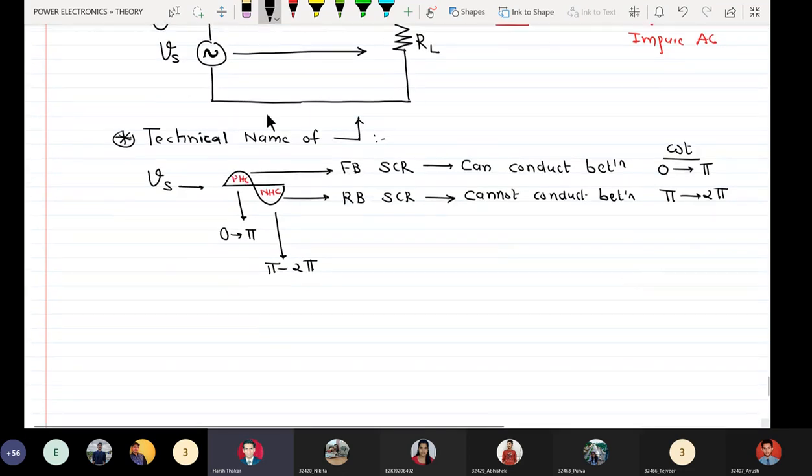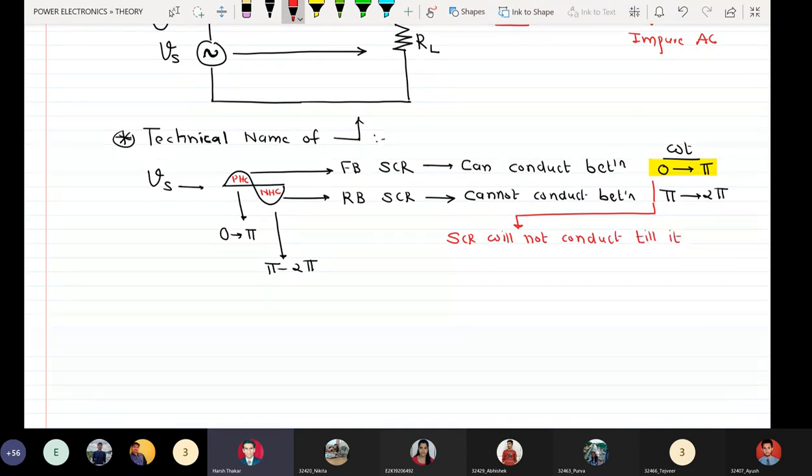Now in this 0 to pi, we understand that the SCR will not conduct till it is fired at omega t equal to alpha.